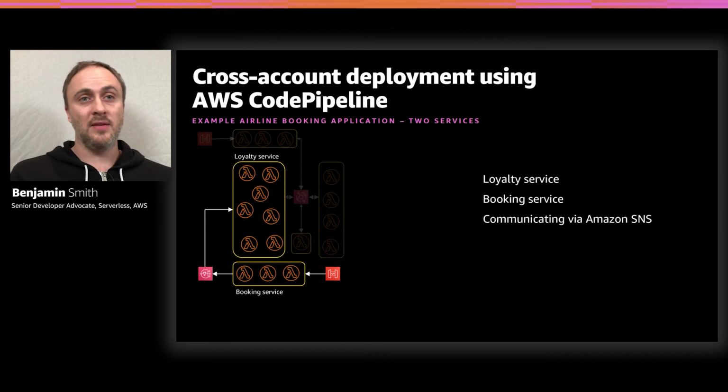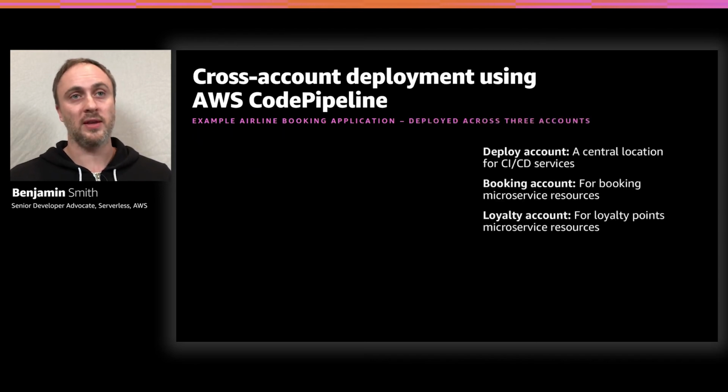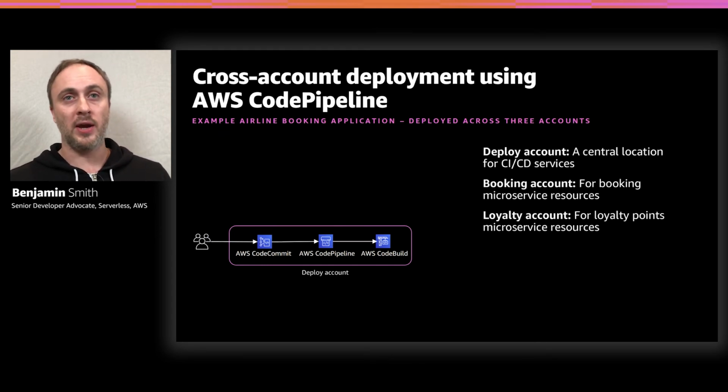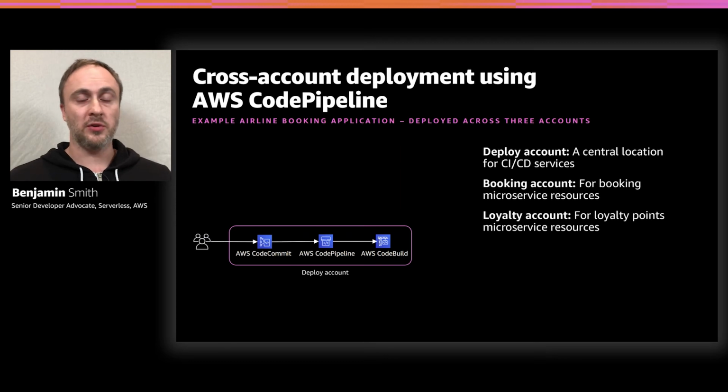Now, let's say that these two services exist in different AWS accounts and they're owned by different development teams. How would you deploy this? So the first thing you do is use a separate third AWS account as the deploy account. And this will act as your central location for your CI/CD services.